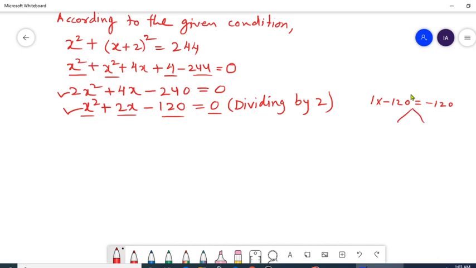I need two linear factors of minus 120 whose sum is the same as the coefficient of the middle term, which is 2.